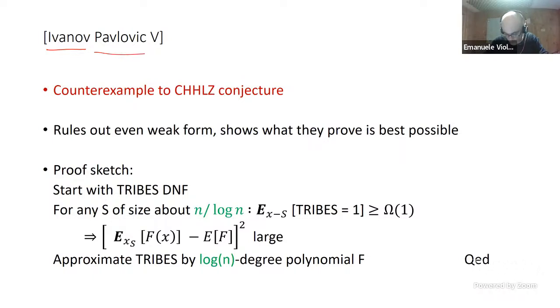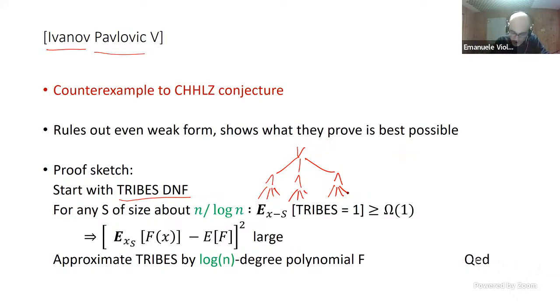You can start with the tribes DNF. This is a standard extremal example in the analysis of Boolean functions. It has interesting properties, and it can be shown that this function has some good, kind of extractor-like properties on one side.